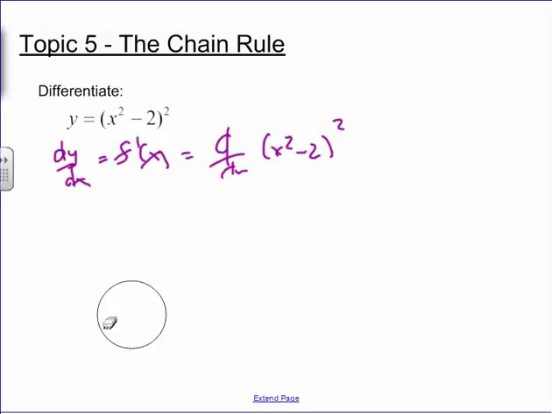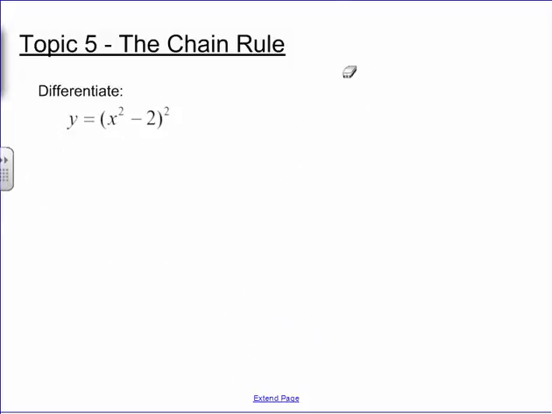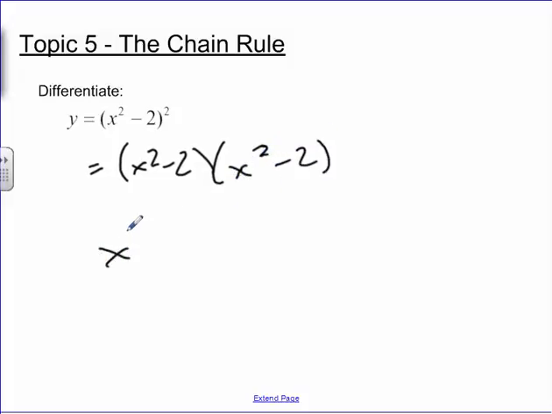So first I'd like to show you, though, that there is another way we could solve this. Even though there is a function inside another function, we could just expand this, right? I mean, this really is x squared minus 2 next to another x squared minus 2, which is going to give you x to the 4 minus 4x squared plus 4.